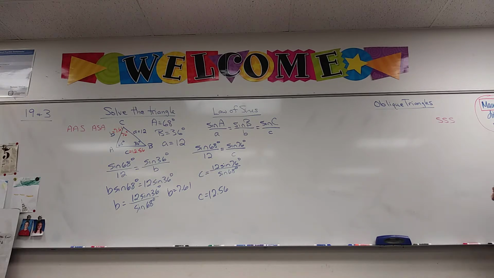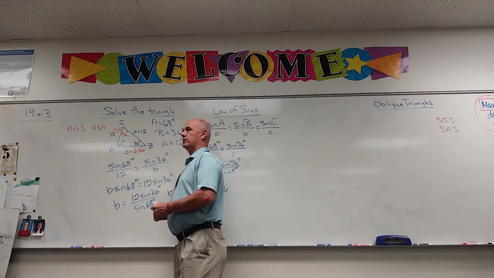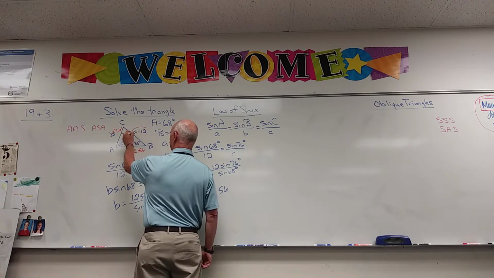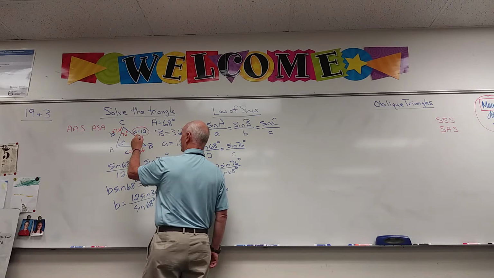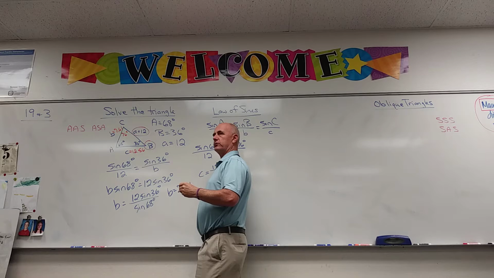What about if we had SAS? That is side angle side. Would that work? Oh, wait a minute. Actually, you can find the other side. So SAS: side, angle, side. Which side would it be?